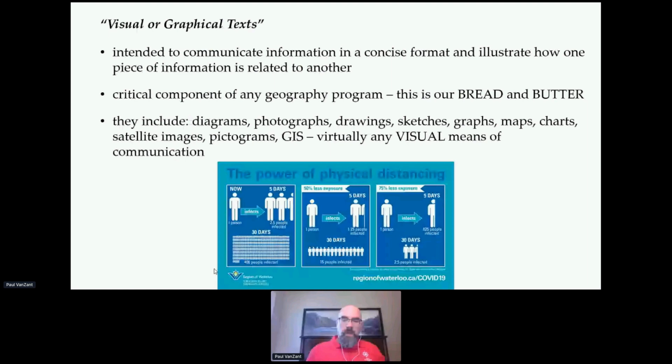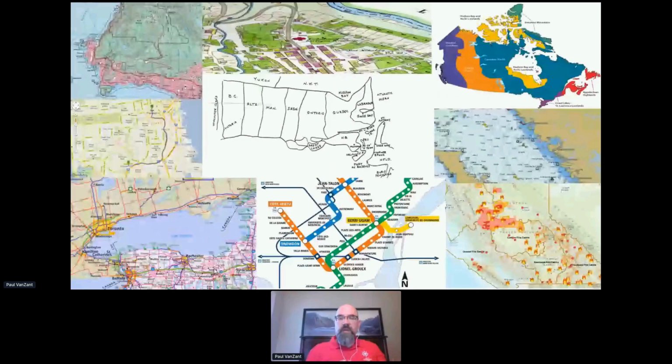Now, I think one of the things to emphasize here is that as educators, we have a responsibility to introduce to our students any number of different types of maps, whether we create them through things like mental mapping or whether we're looking at topographic maps, Google Maps, road maps, metro maps, marine charts, even, in the bottom right-hand corner, a map of recent fires in British Columbia.